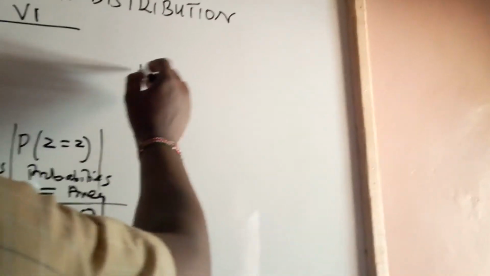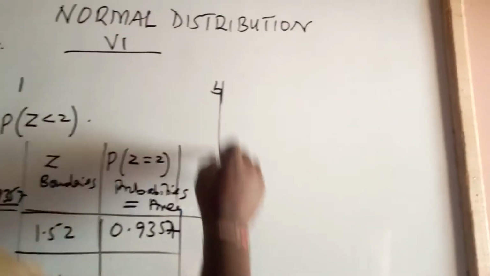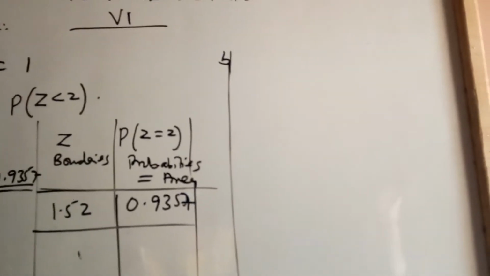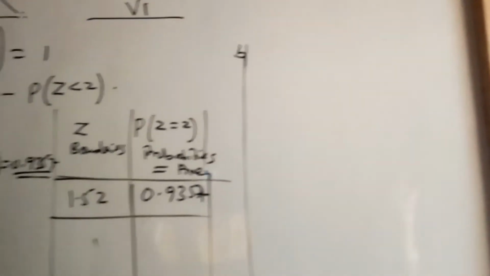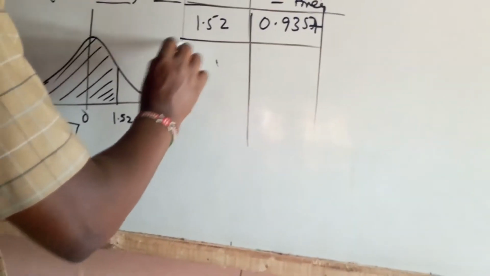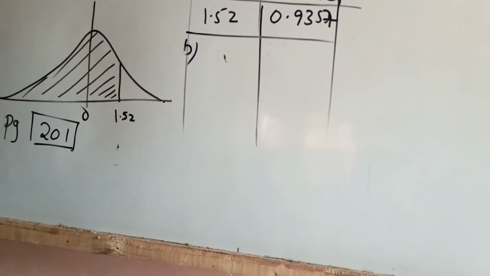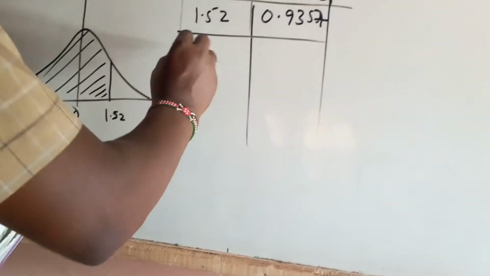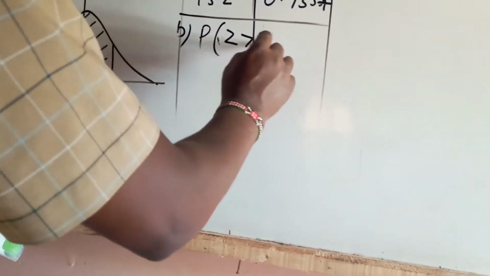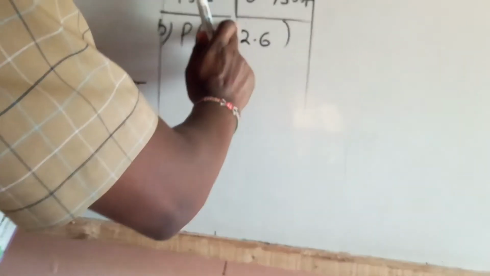Part B of the question is asking, what is the probability of Z greater than 2.6? Greater than.